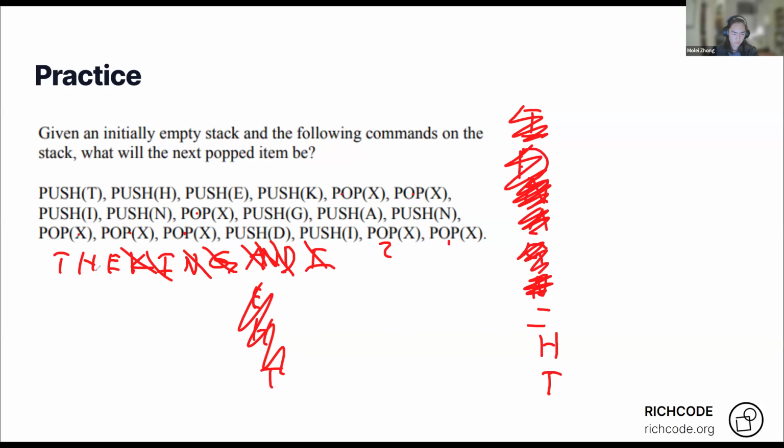So you can see that if we just push everything first and then pop everything, we end up with a different letter than what we were supposed to get. And the reason why that happens is because if you do it in the order that it gives you, what ends up happening is E and K are actually removed before I gets put in. So then you have THI at the beginning, right? And then if you pop everything else, at the end, you have I in the position where E was originally. Do you understand what I'm saying?